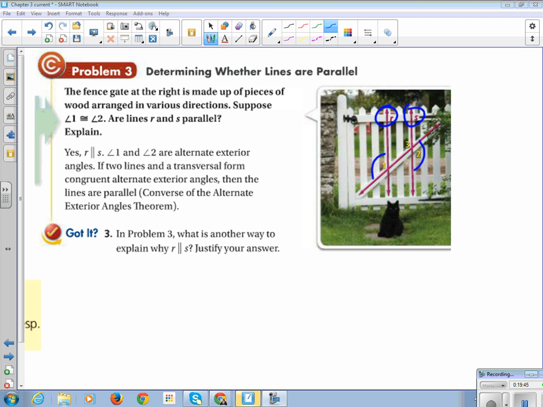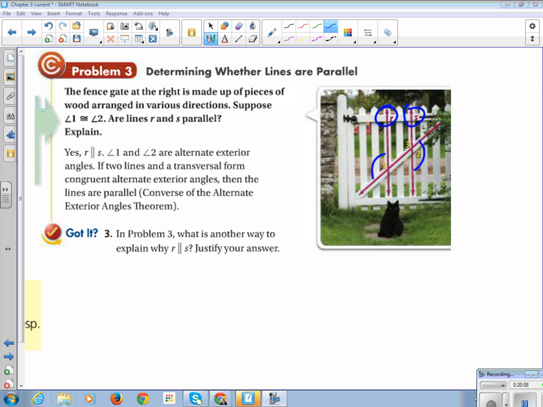So our explanation says, yes, line R is parallel to line S. Angle 1 and angle 2 are alternate exterior angles. If two lines and a transversal form congruent alternate exterior angles, then the lines are parallel. This is the converse of the alternate exterior angles theorem.